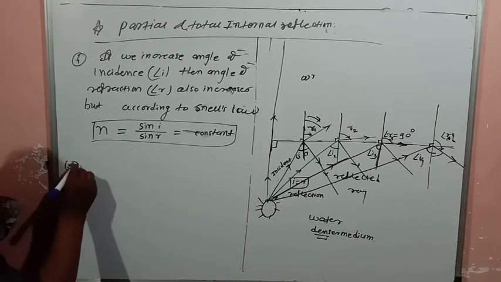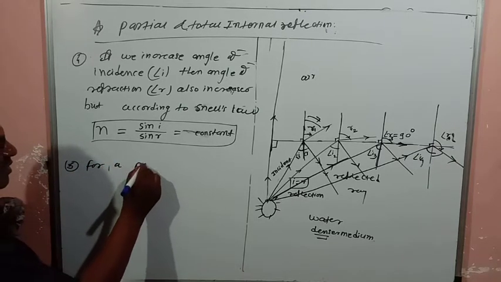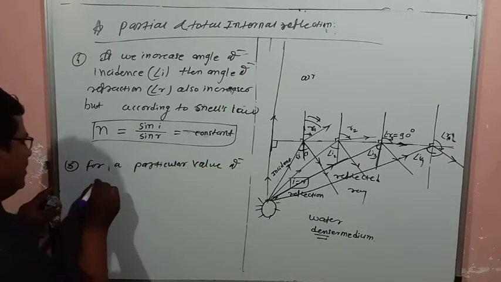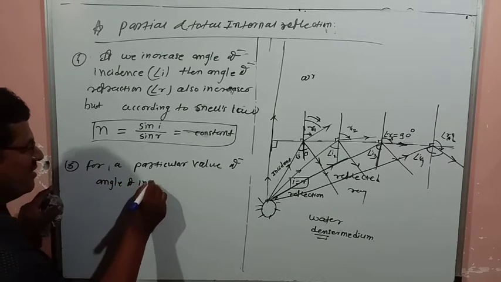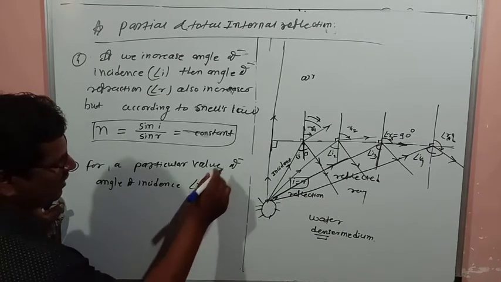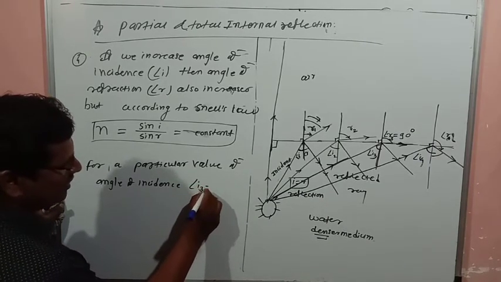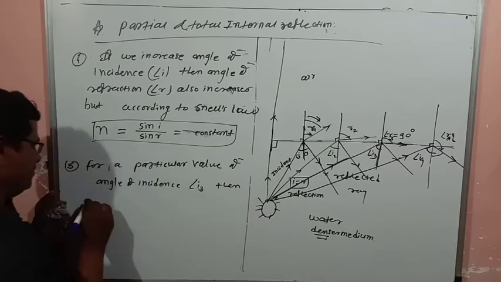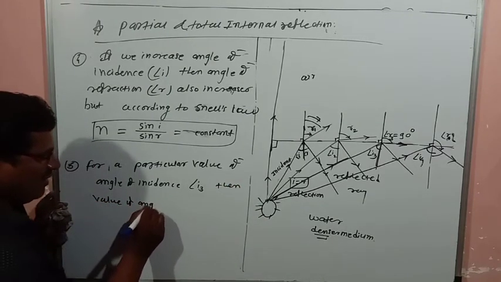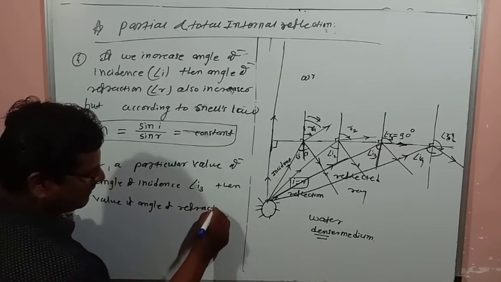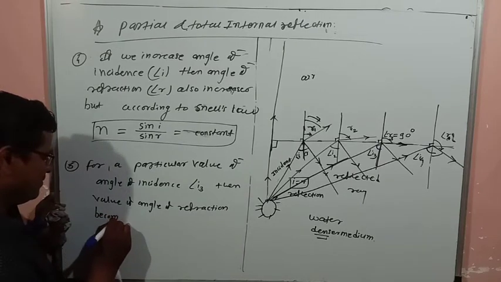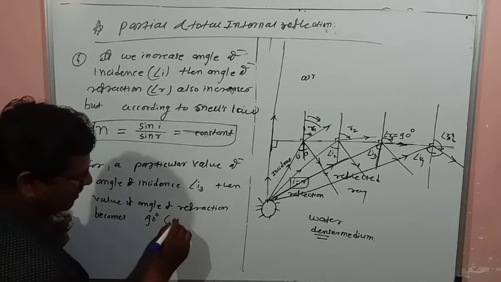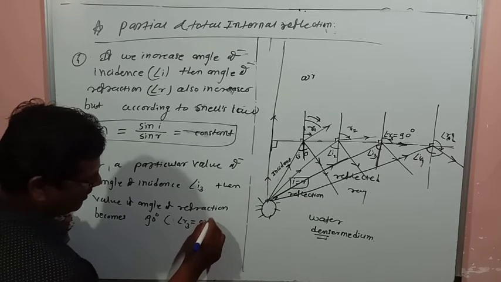And the next thing is point number 5. For a particular value of angle of incidence, suppose you take for example I3, for angle of incidence I3, the value of angle of refraction becomes 90 degree, that is, angle R3 will be equal to 90 degree.